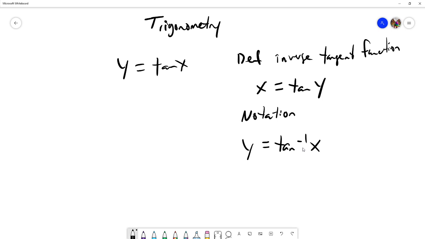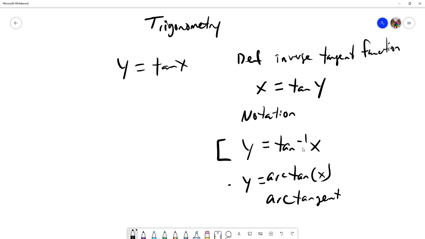Now, we do have this old school notation with this arc, and we would say this is arctangent of x. This is the notation I will use whenever I refer to the inverse tangent function. I'll call it arctangent because that just rolls off the tongue nicer.